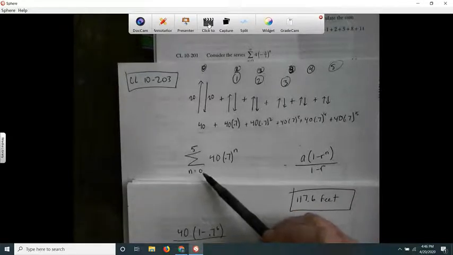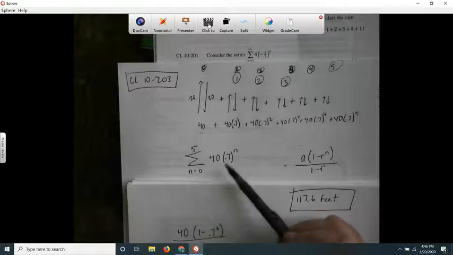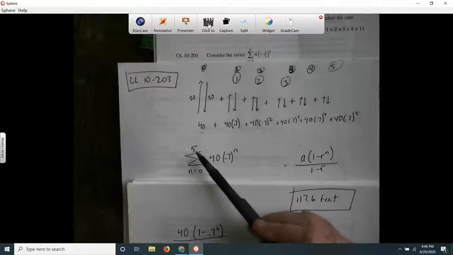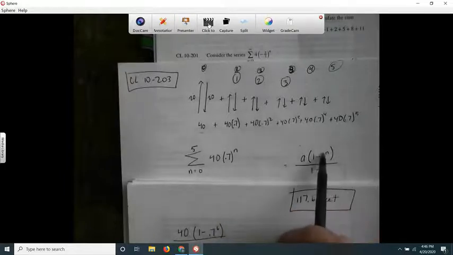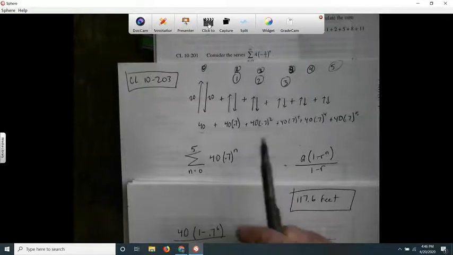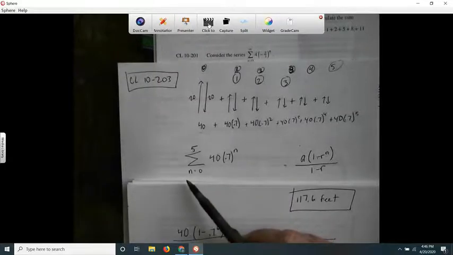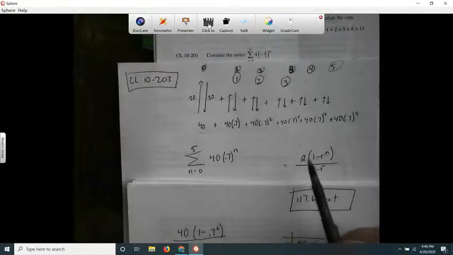You can start at 1, but then you have to adjust things, so I started at 0. And I go from 0 to 5, and then I tried by just plugging a 5 in there and plugging in r and a. I used a as 40, and it was a little bit off.